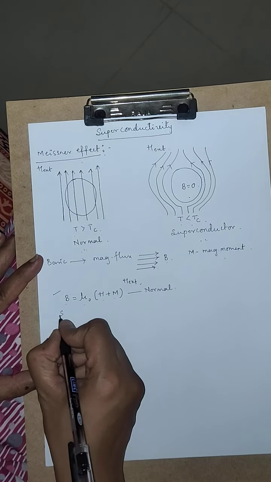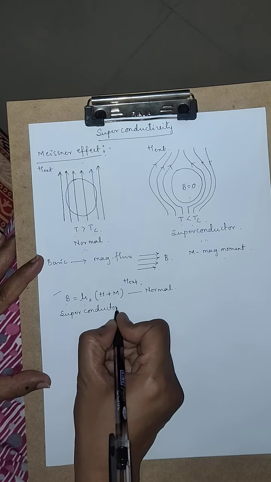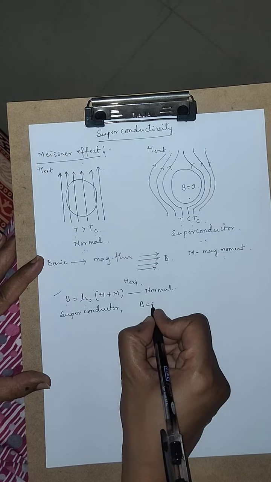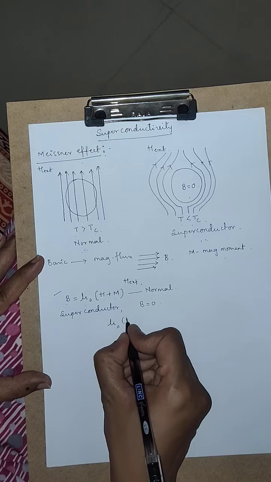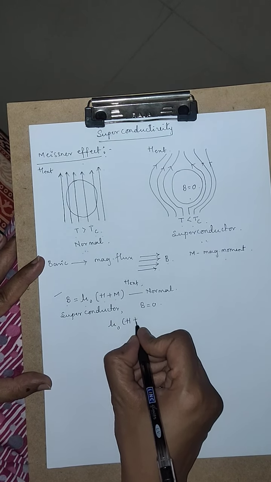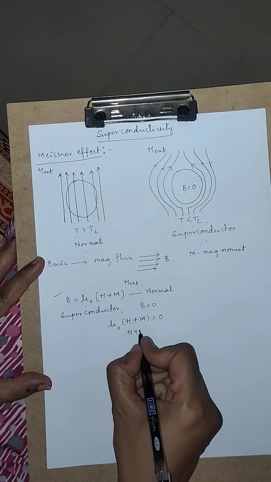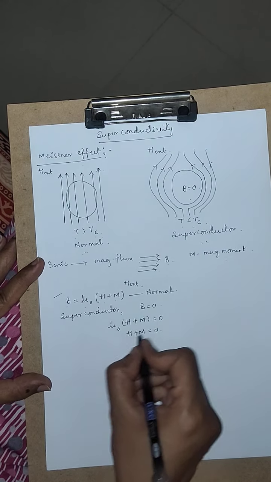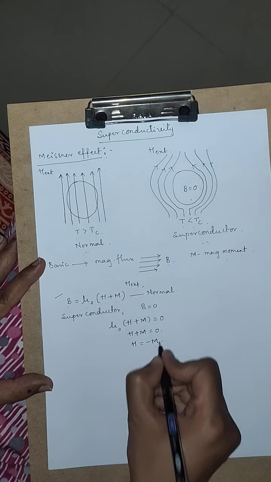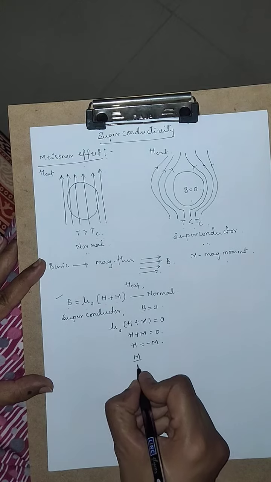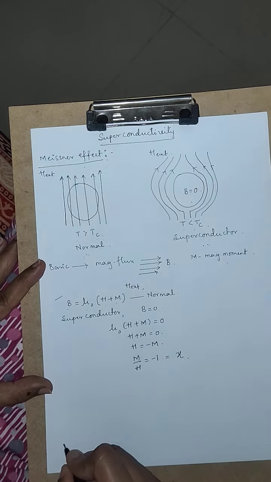For superconductors, as the flux through the material becomes 0, B equals 0. Hence our equation becomes mu naught (H + M) = 0, or H + M = 0 if I send mu naught to that side, or H = -M, or M by H = -1, which is known as susceptibility.